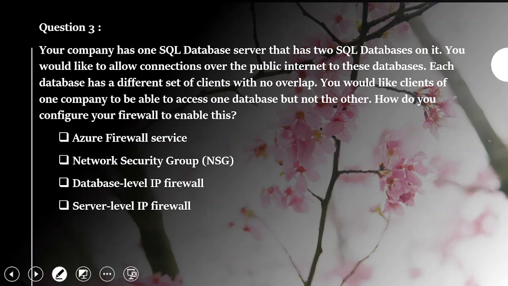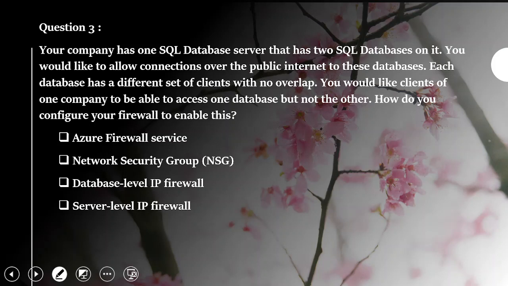Here in Azure we have two types of firewall, server level and database level. In short, just try to understand one simple thing. When we allow a range of IP addresses at the server level, they can access any database inside that SQL Server.